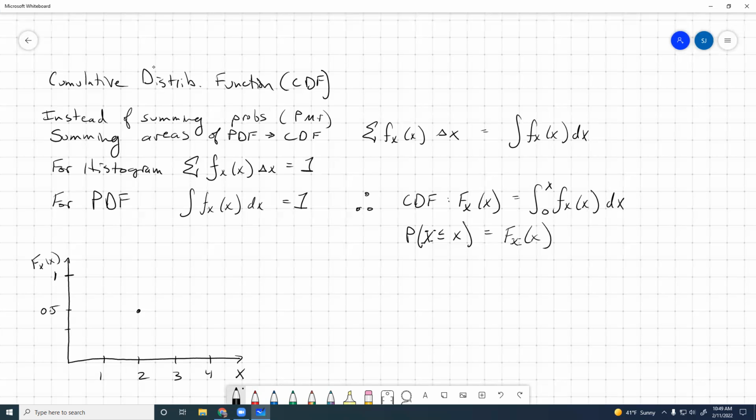So all we're doing is accumulating area. So we get to 1, I think we're about 0.25. We got up to 0.5, so half of that area. Then 0.75, and then at 4, 1. And this is a continuous function because we defined it continuously.